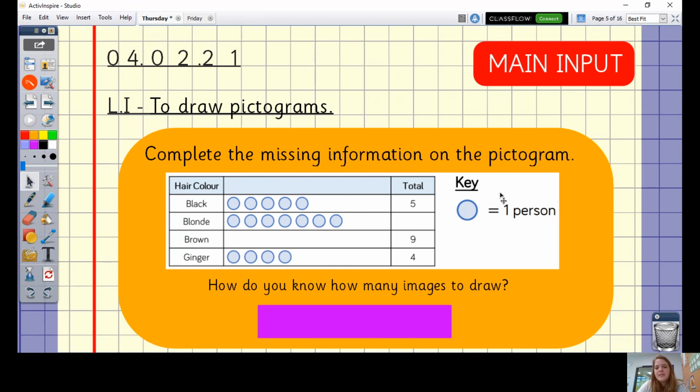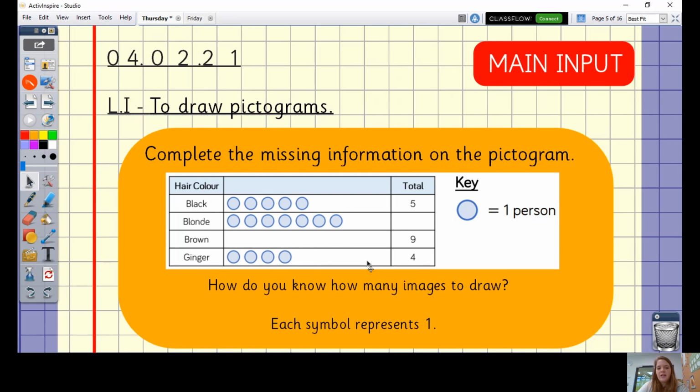Use the key to help you. How do you know how many images to draw? So for example, for the brown category, how do you know how many of those blue circles to draw? What tells you that information? Okay, so we know how many to draw because each symbol or each picture represents 1.